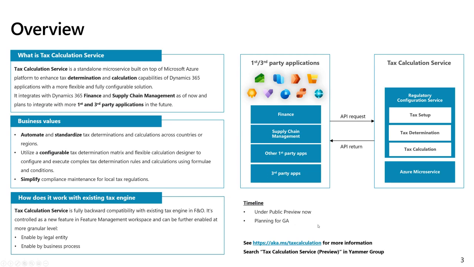You can check our release plan for the detailed date when the GA of tax calculation service will be announced. Further to mention here, we also have a Yammer group. You can search tax calculation service preview in Yammer groups to find our group. We already have very hot discussions there, and we also have some demos in the group. And this preview word will be removed after GA is announced. So after GA, you may need to search tax calculation service.